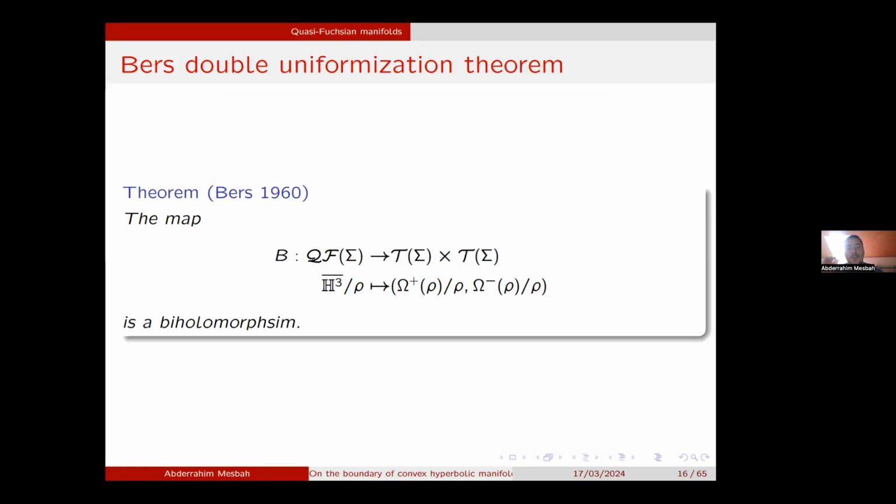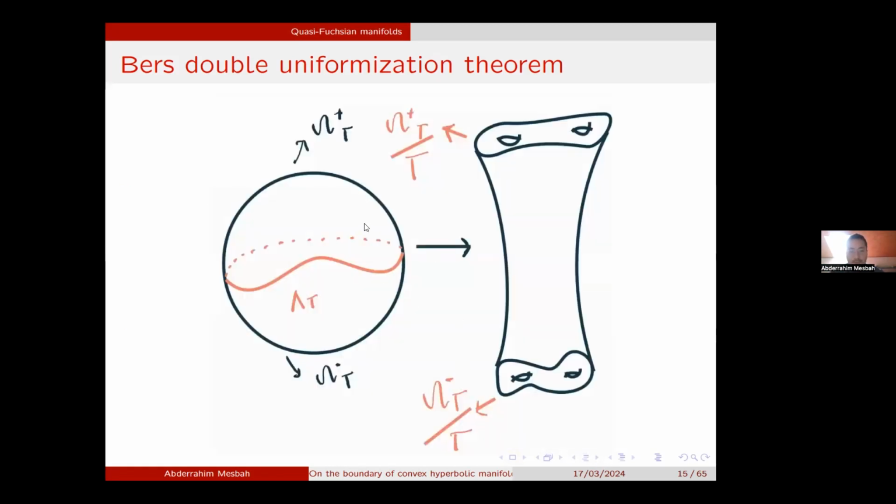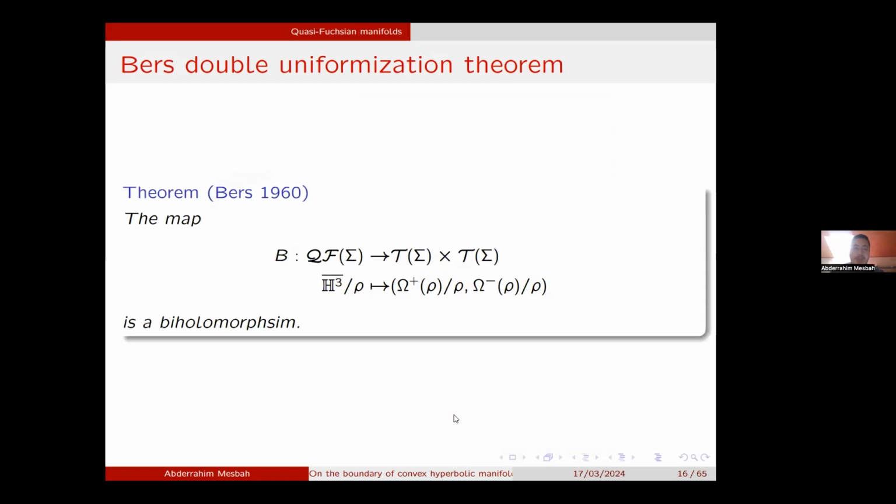The theorem states that this map, where you take a quasi-Fuchsian manifold and associate to it the conformal structure on the ideal boundary, which is the quotient of the domain of discontinuity by your representation, associating to a quasi-Fuchsian manifold these two conformal structures, omega plus quotient by gamma and omega minus quotient by gamma, is a biholomorphism.